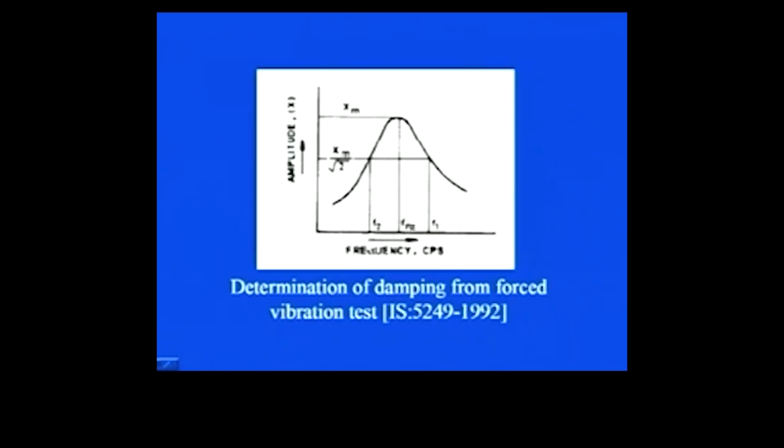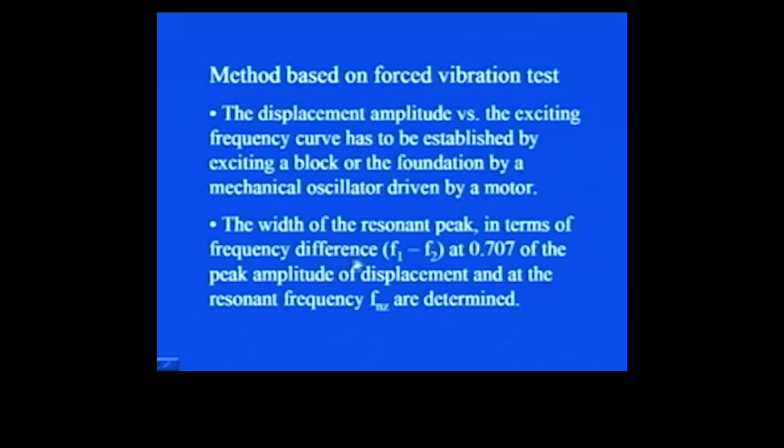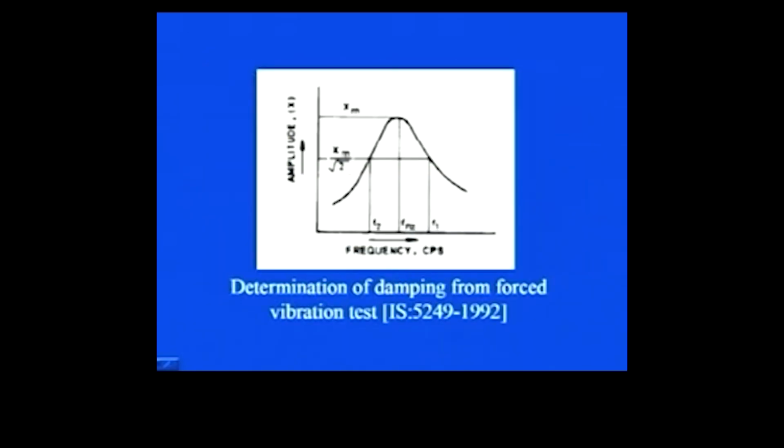As the statement says, the frequency difference f1 minus f2 at 0.707 of peak amplitude of displacement. So, if xm represents the peak amplitude of the system, the corresponding frequency we are calling f and z, that is the natural frequency of the system.